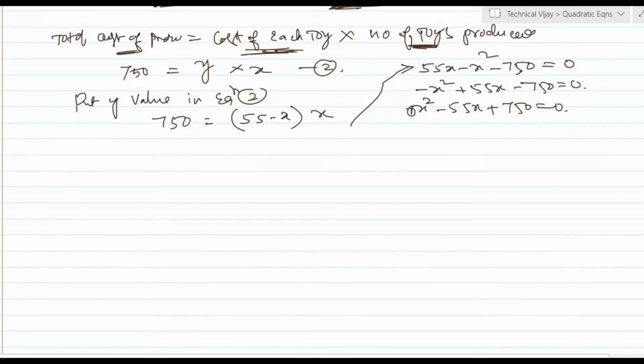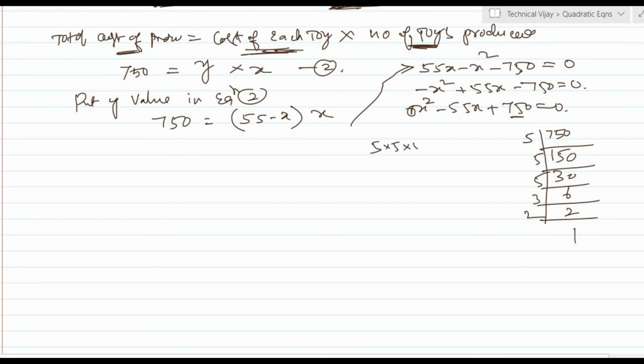1 is the coefficient and this is 750. So now we will factor 750. 5 ones are 5, 5 fives are 25, 5 threes are 15, 3 twos are 6, 2 ones are 2. So the factors are 5, 5, 5, 3 and 2.